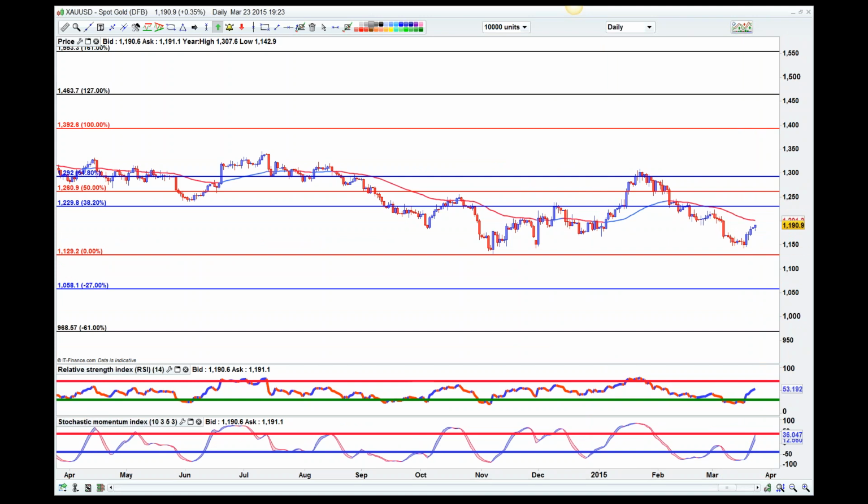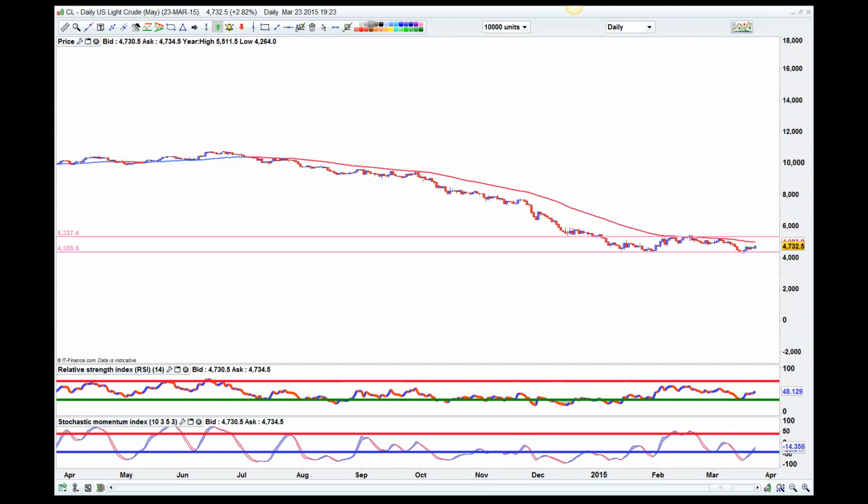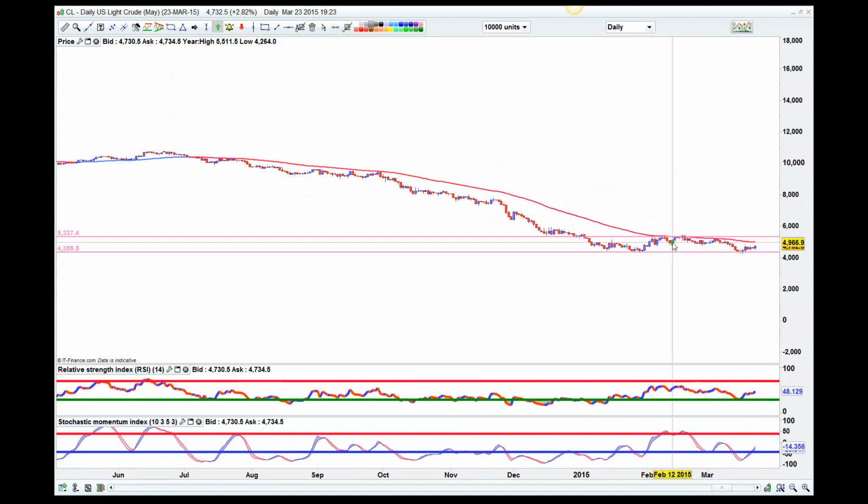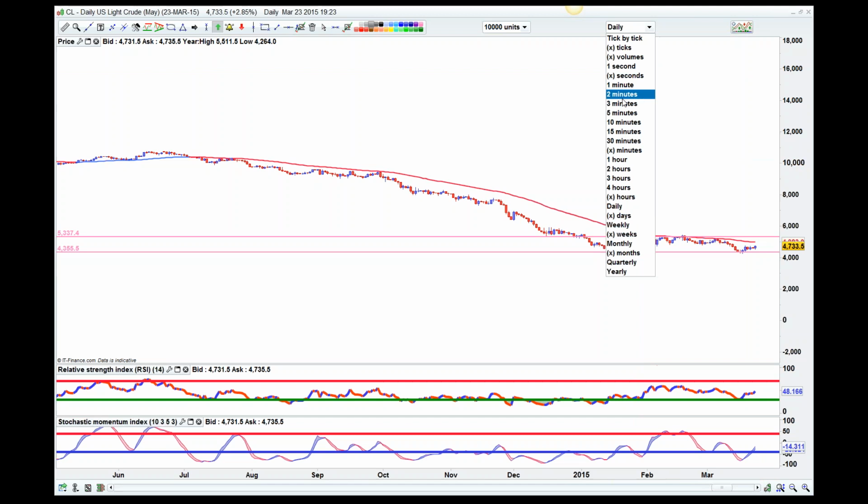And this is oil. Still not a very impressive daily chart, but it is nonetheless inching up, looking as if it wants to test 50. That was even good at the open on a 5-minute chart.